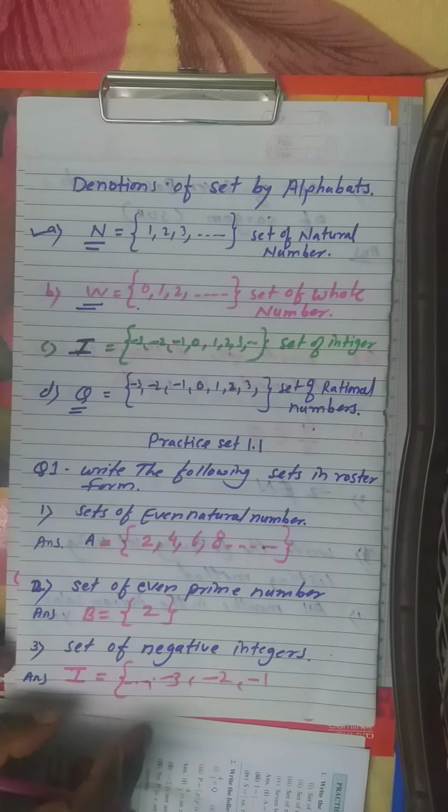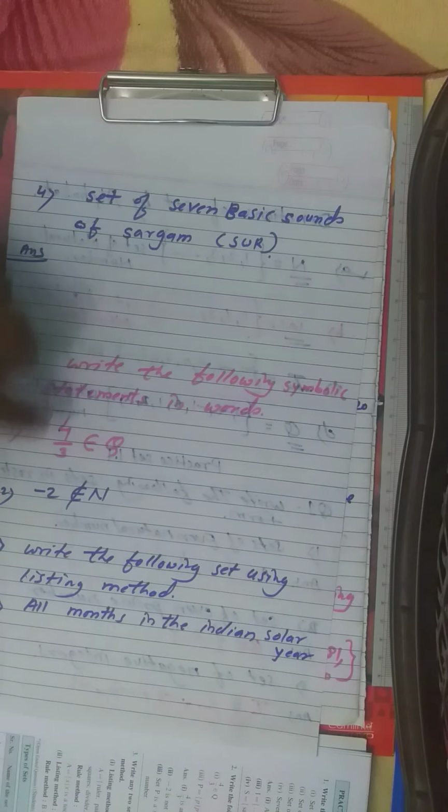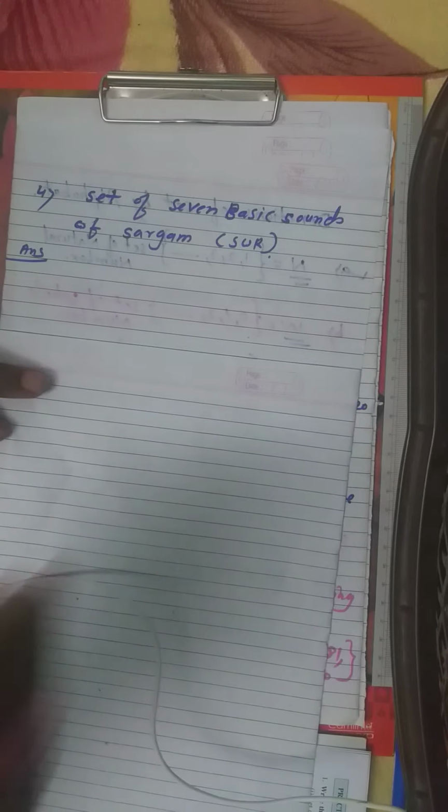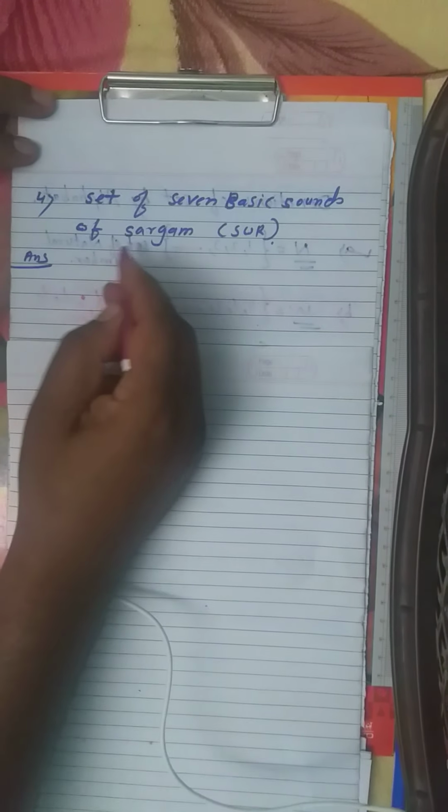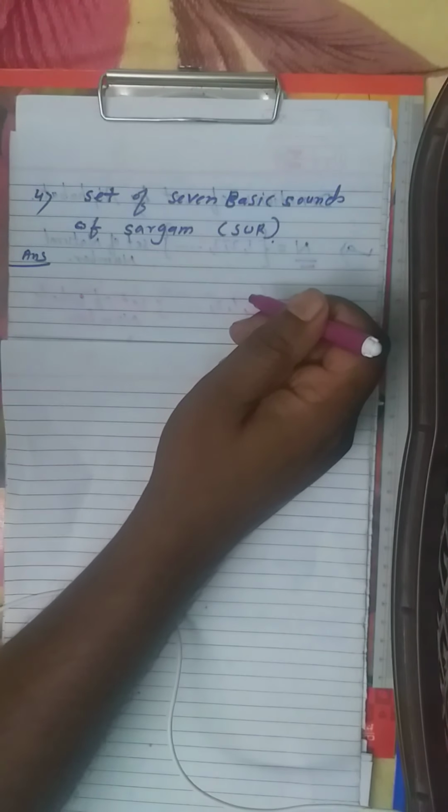Now like this we have to show the examples. Now another example is shown here, that is the set of 7 basic sounds of sargam, or in other words we can call it sur. Now we have to write it in the listing or roster form. We can write that S is equal to any letter.